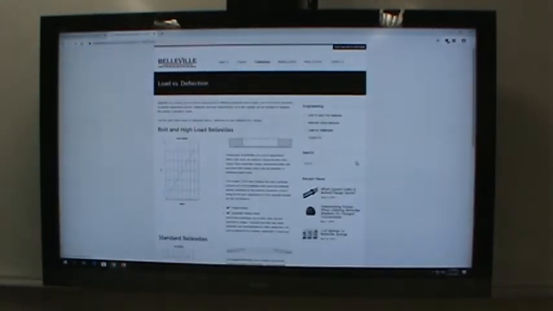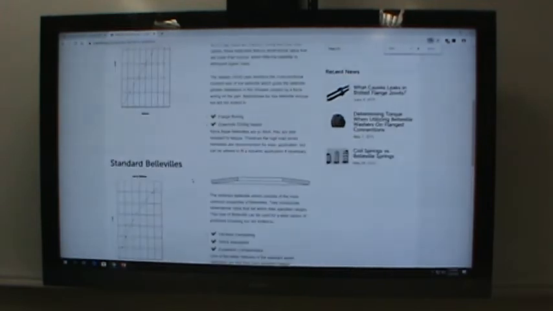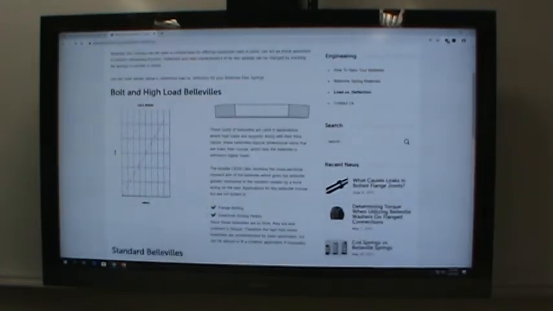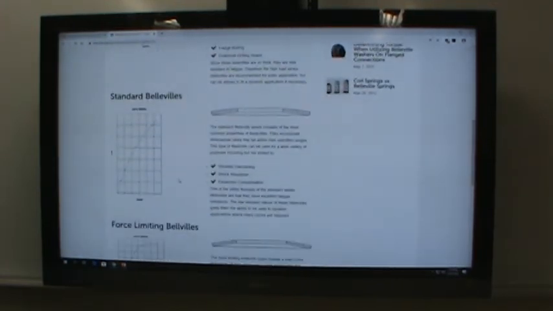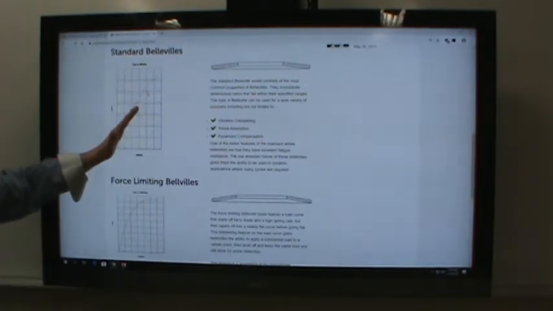Load versus deflection. Okay, so their standard, load versus deflection. We can zoom in. Looks like their high load is more linear. Standard, actually, it looks like I'm wrong. The slope would be the spring constant, right?